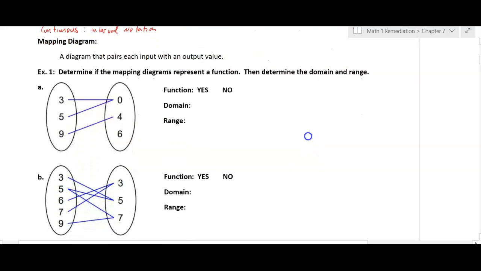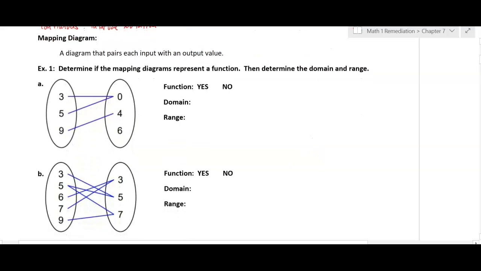So let's look at a couple of examples. The first is a mapping diagram, which is a diagram that pairs each input with an output. The column on the left is your set of inputs, and the column on the right is the set of outputs. We first determine if it's a function, then the domain and range.